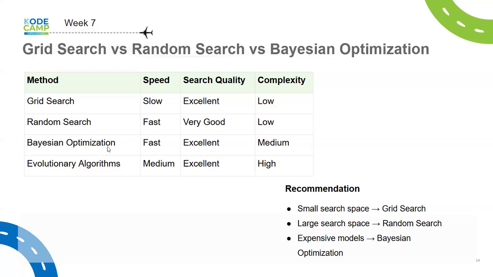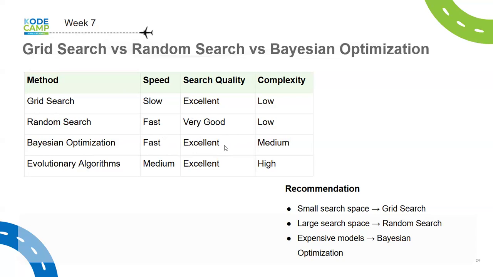Okay. Bayesian optimization is fast again, and the search quality is excellent because it is using a probabilistic predictive model to choose which hyperparameter combinations to test. It's not just random, so it's definitely going to be better than random, right? And it could be as good as grid search.